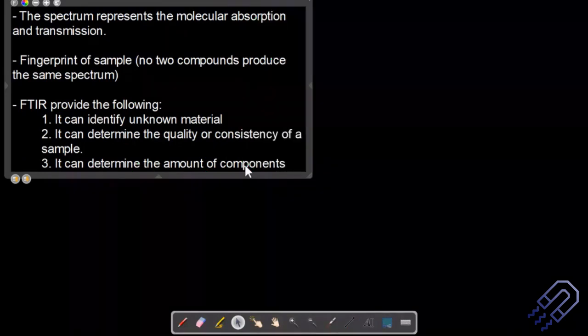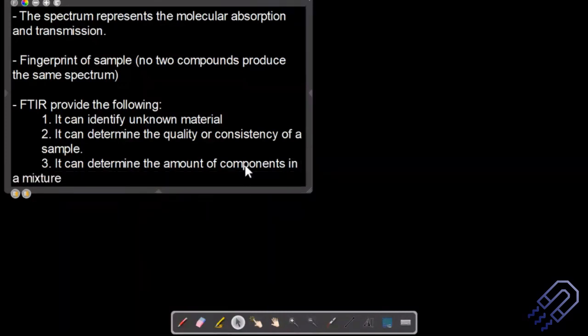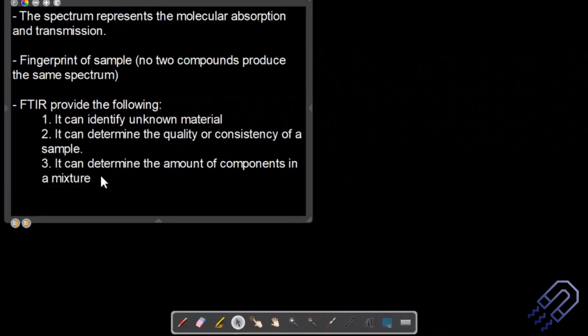So how much of a certain component is present can also be determined by this. It's a very important tool, and nowadays with so much research going on, it can be used as a confirmation technique to know whether the sample you have synthesized is pure or not.